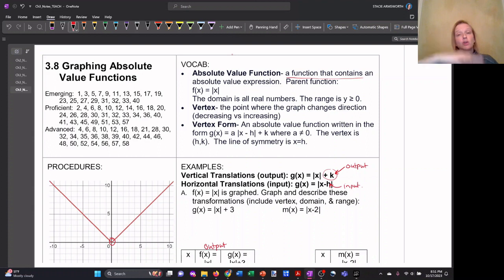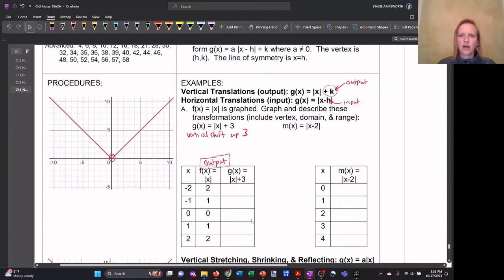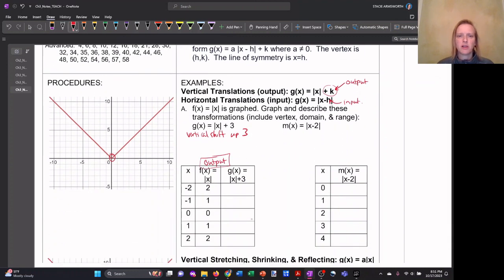You get a vertical translation. So this is going to be a vertical shift, and we're going to go up 3 because we're impacting the output values.